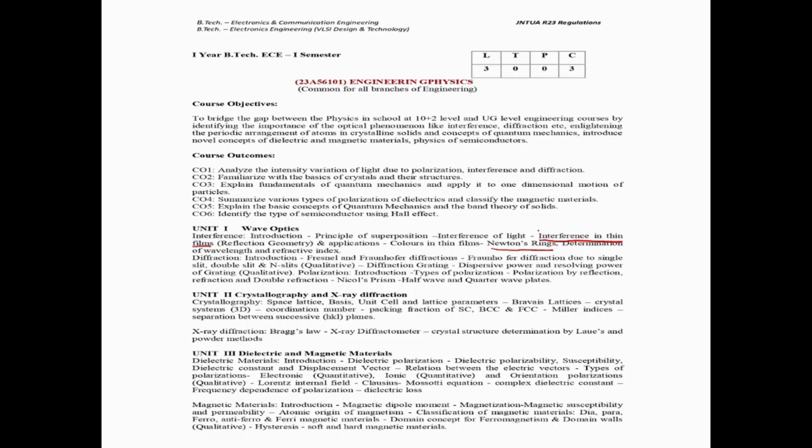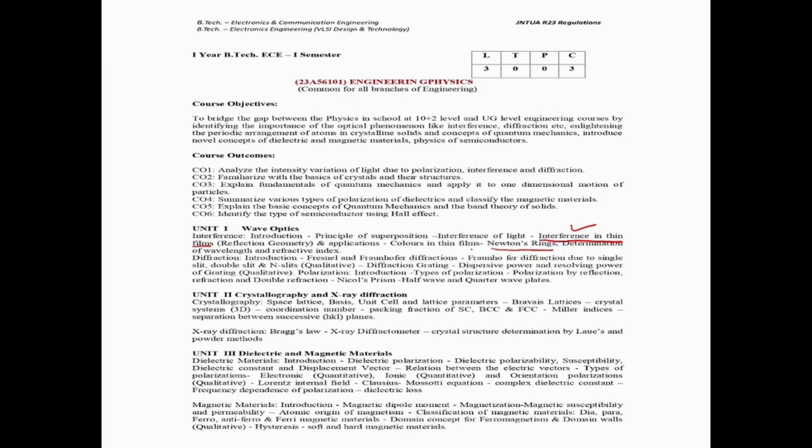The other essay question in the same interference chapter is the determination of the diameter of the dark ring and bright ring. If you focus on interference in thin film by reflection and Newton's rings, definitely among these two topics there is a possibility to get one essay question.